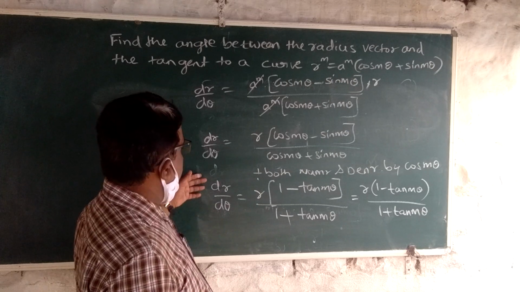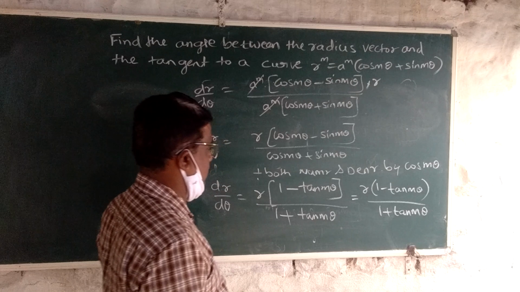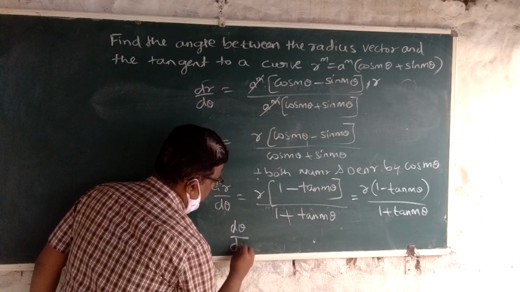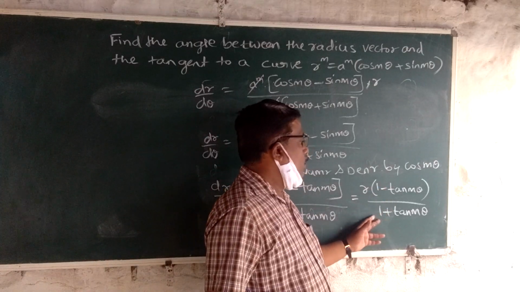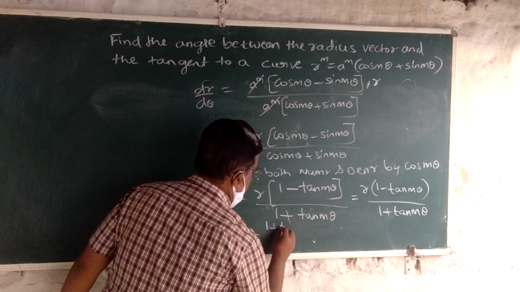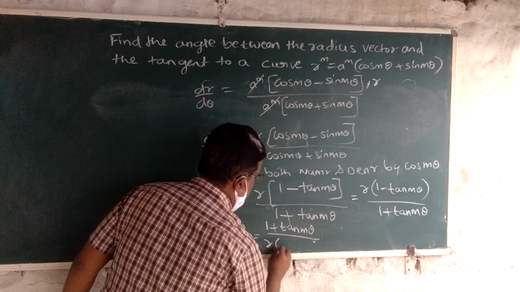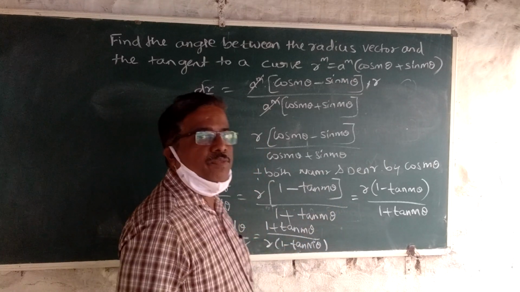Now, after obtaining dr by d theta, what do we do? We reverse this. So reversing, what do we get? d theta by dr is equal to, when we reverse this, it comes in the numerator: (1 plus tan m theta) divided by r into (1 minus tan m theta).